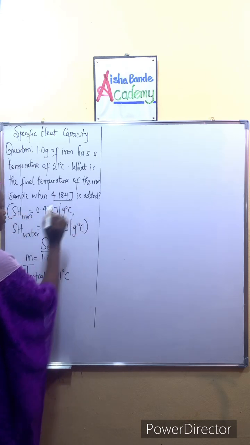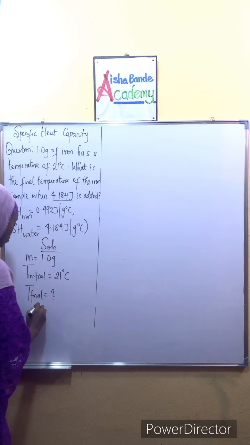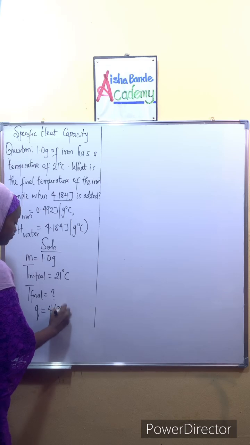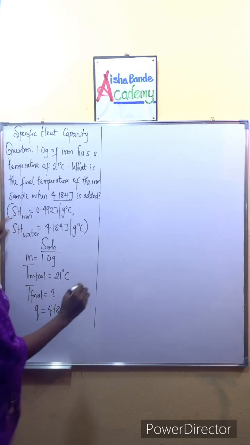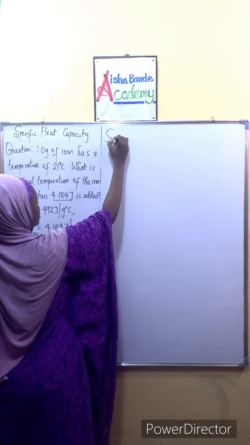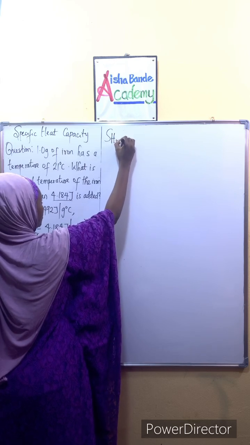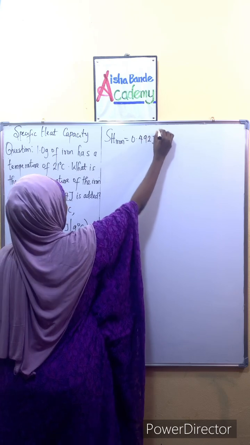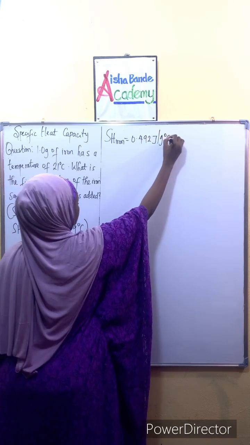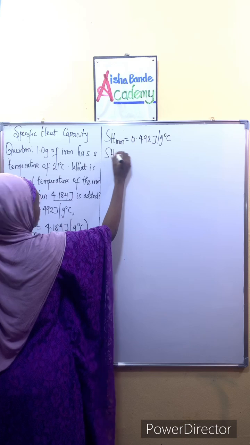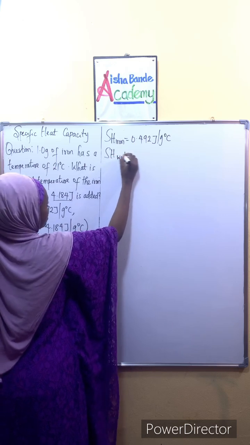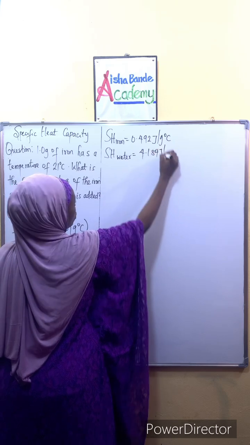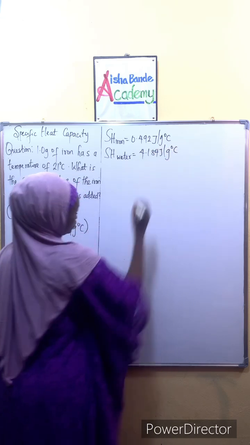So this is the value for the heat. Okay, so we have Q equals 4.184 joules. We have the specific heat for iron, which is given as 0.492 joules per gram per degree Celsius, and the specific heat for water has been given as 4.184 joule per gram per degree Celsius.